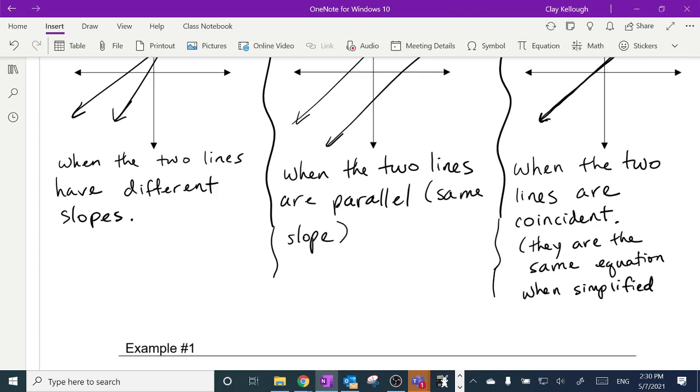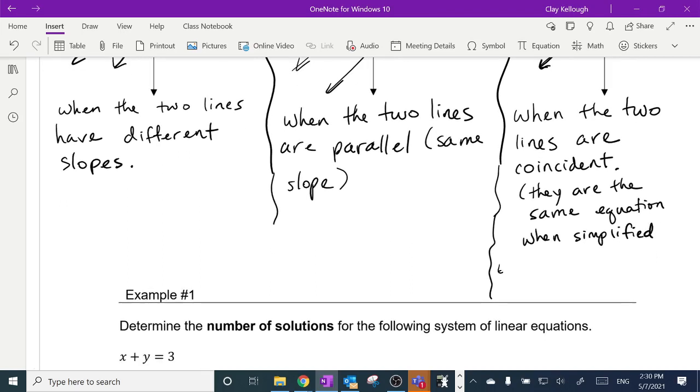For this one, I'll actually show you an example. Like, for example, if I had the equation x plus y equals 3, and I had the equation 2x plus 2y equals 6, you might look at that and go, oh, there's two different equations. Look at them. They look very different. No, they're not. If you divide the second equation, all three of its terms, by 2, you simplify it to be the first equation.